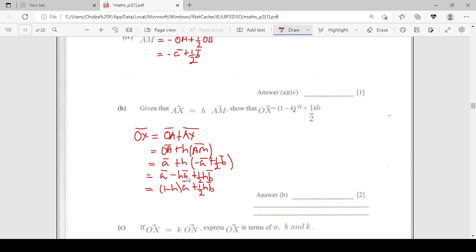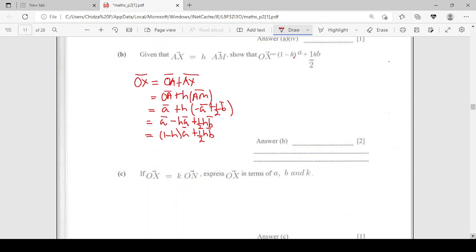As you can see, A is a common factor here. You'll factor it out and put it after 1 minus h, because here when you factor out A, you remain with 1, and when you factor out A here, you remain with h. Then you have your plus half hB. As you can see, you've successfully shown that your OX is (1 minus h)A plus half hB.